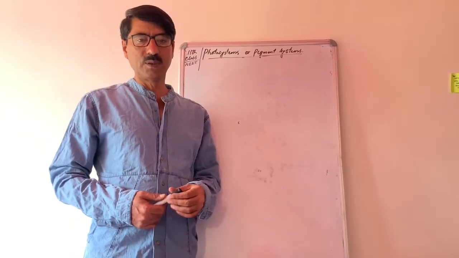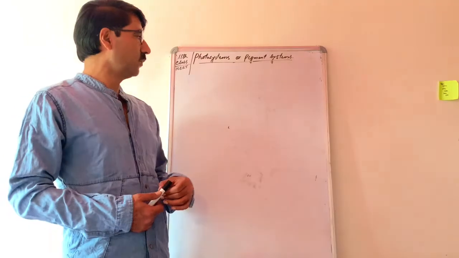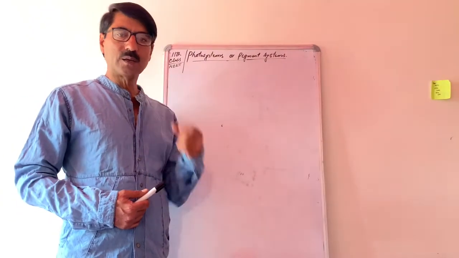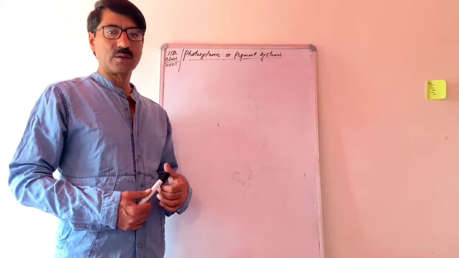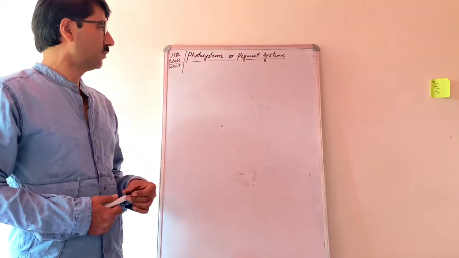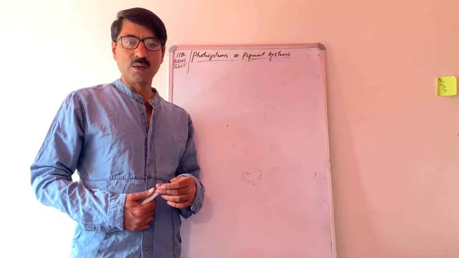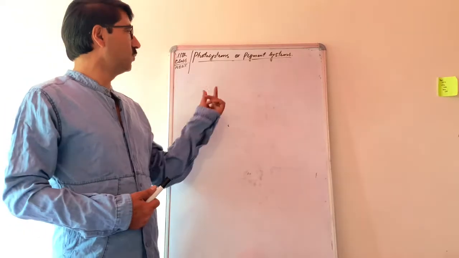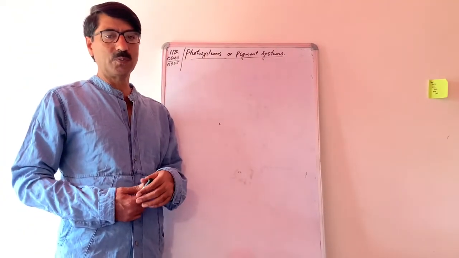We dealt with the Emerson's experiments, and in those experiments we come to know about red drop or Emerson's first effect and the Emerson's second effect, that is the photosynthetic enhancement. Now that photosynthetic enhancement is indicative that there must be two pigment systems or two photosystems in the chloroplast.